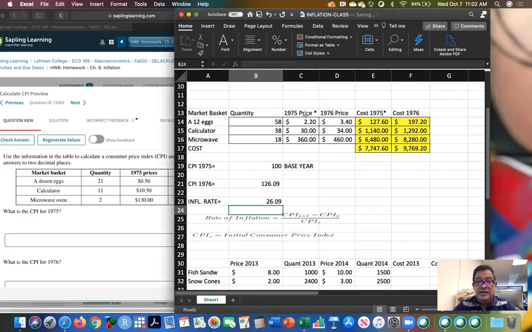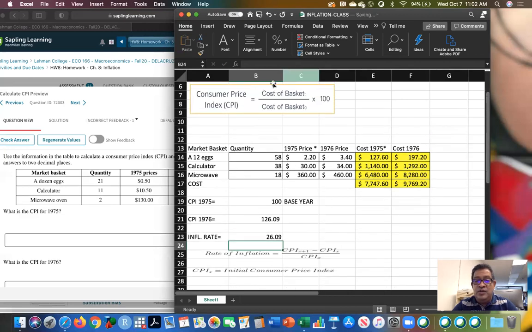We found the cost of the basket of commodity for 1975, the cost for 1976. We got the totals. Then we created the first CPI. So the CPI, which is the base year, is going to be the current year, as we saw here. So the current year divided by the base year, and then multiplied by 100.